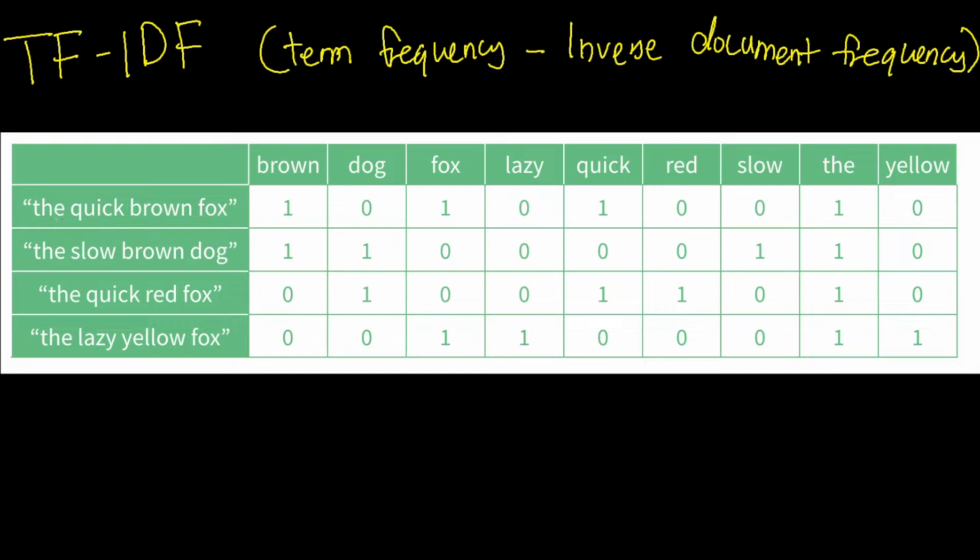Based on the count vectorizer, we only know the count of the and the count of fox, but we do not know that fox has a significant meaning to these sentences as compared to the whole document, and the has no significant meaning compared to all these sentences because it actually appears in all these documents.